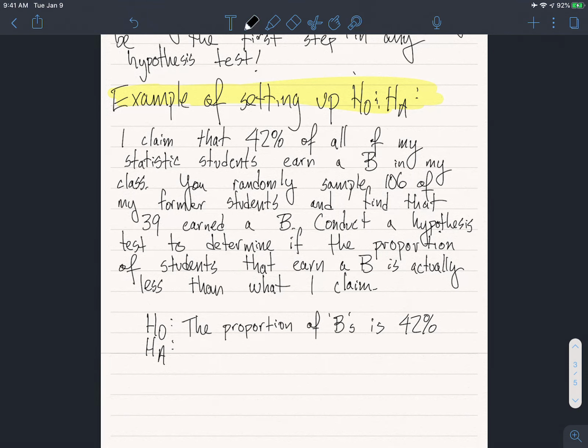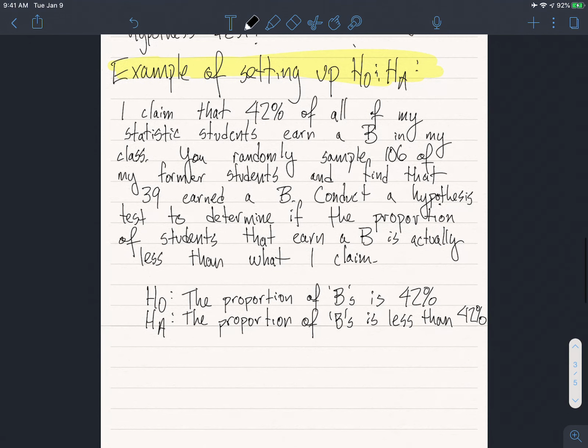So my alternate would be the proportion of B's is less than what? Well, less than what I claimed. Less than 42%. That's what the alternate is.